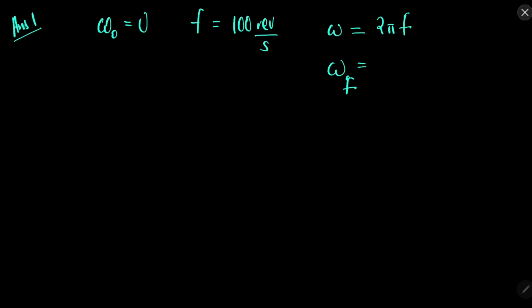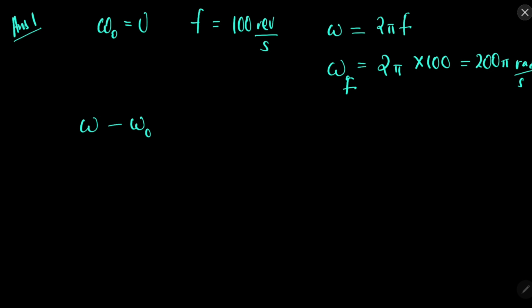Let's say this is initial and this is final. So 2 pi into 100, so it will give you 200 pi and the unit will be radian per second.